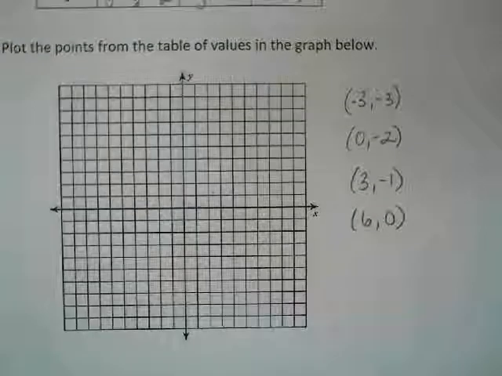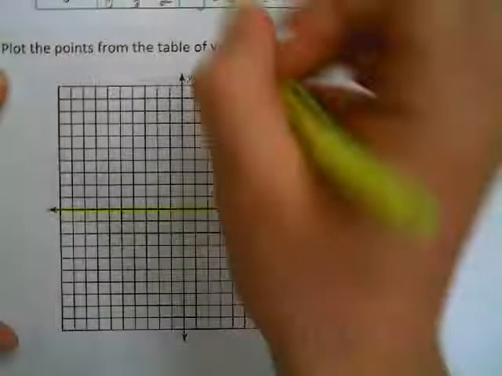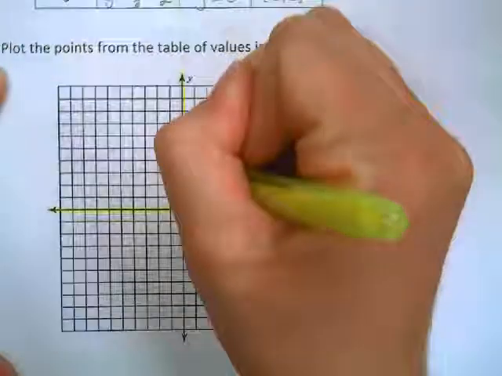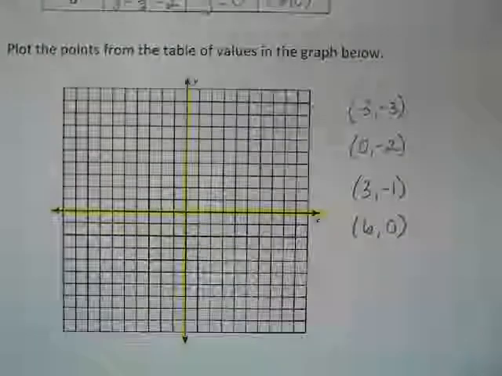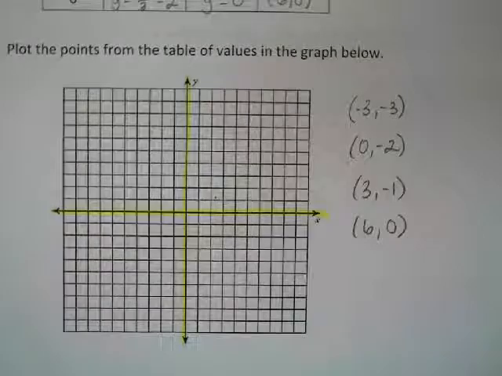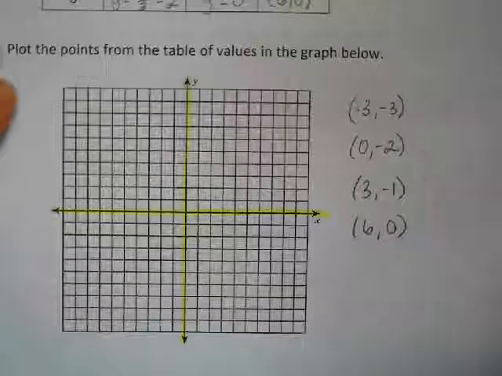So again, if you're having a hard time locating the origin, you can use a highlighter or colored pen, whichever you prefer. Go over top of the x and y axes. So the first point is (-3, -3).